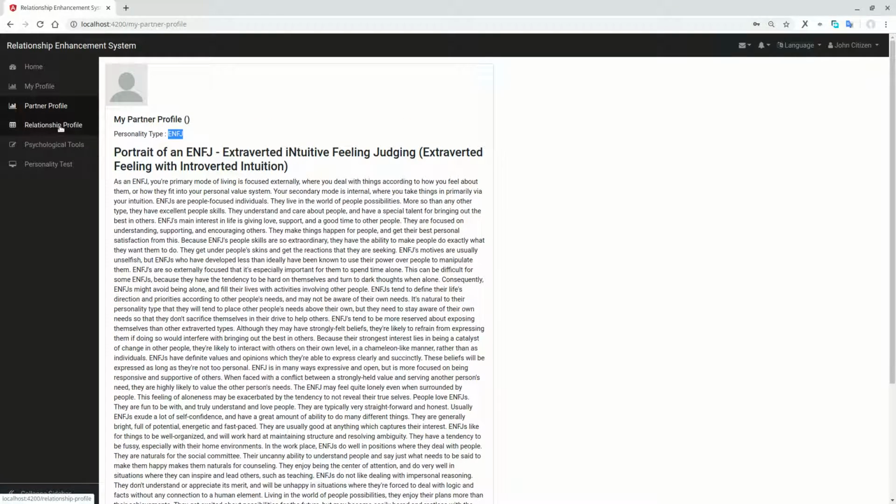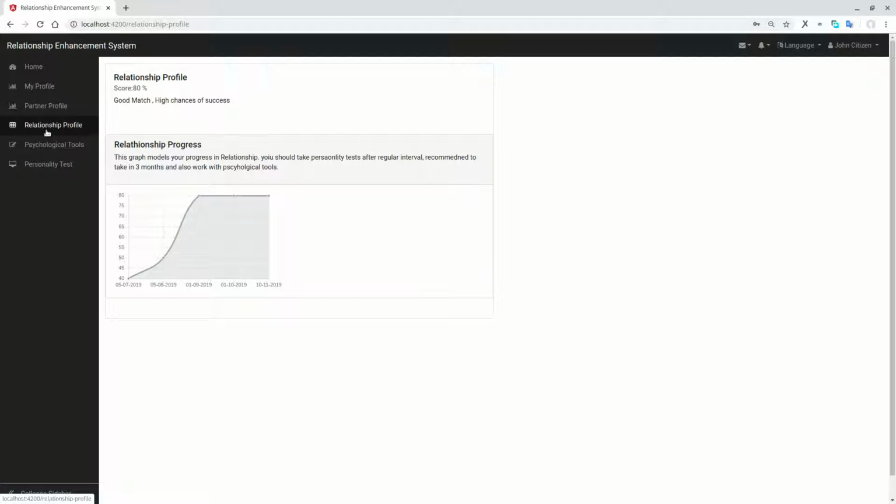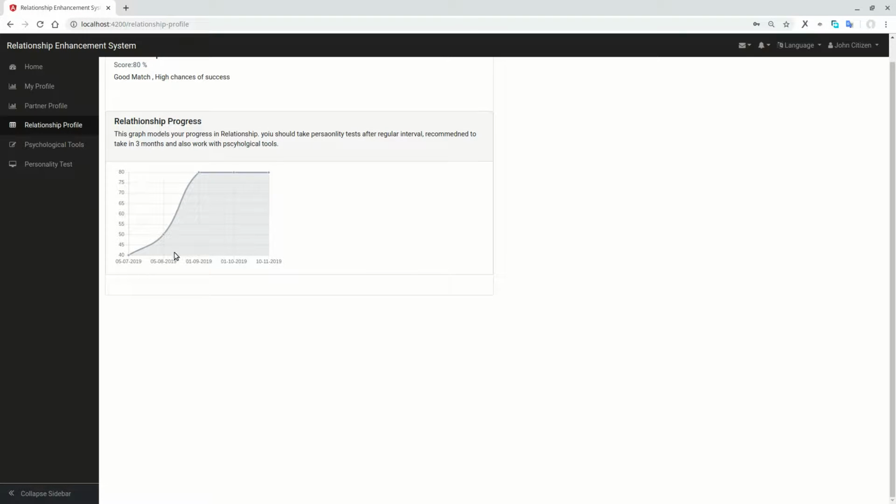In this section, your relationship profile tells the overall score of your relationship. It tracks the latest relationship score, and based on that score, it generates comments like how good your match is and what the chance of success is.